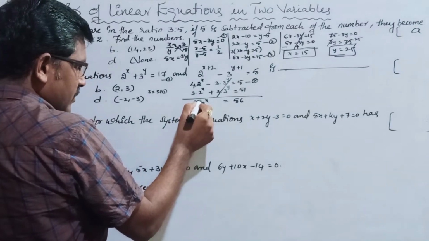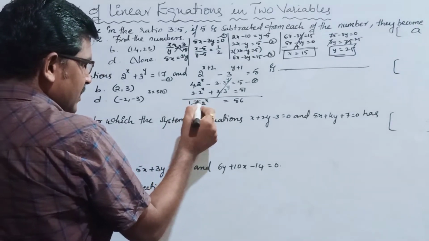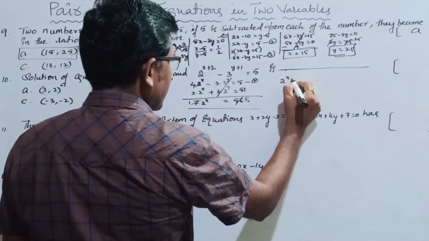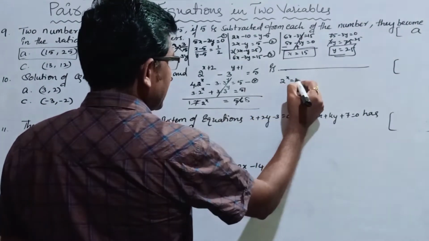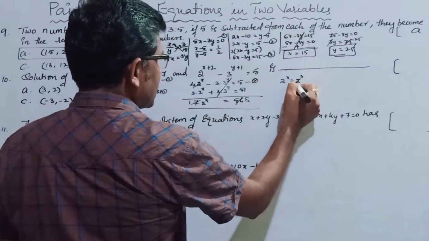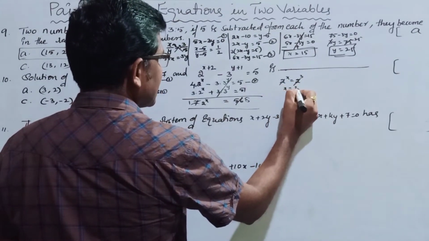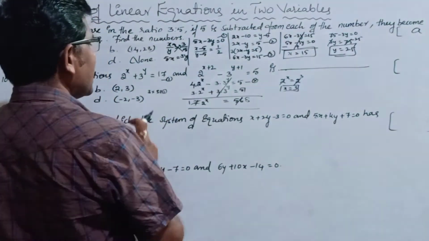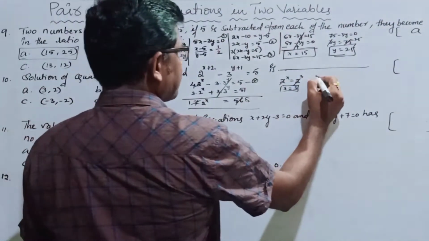So here simplification, 7 1s are 7, 7 8s are 56. So 2 to the power of x is equal to 8, means in terms of 2, 2 to the power of 3. So 2 gets cancelled, x is equal to 3. Now we substitute the x value in equation 1.